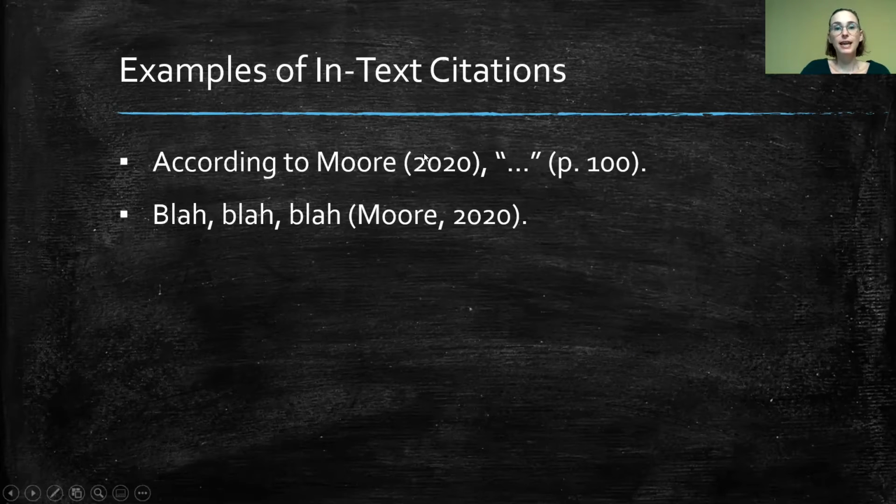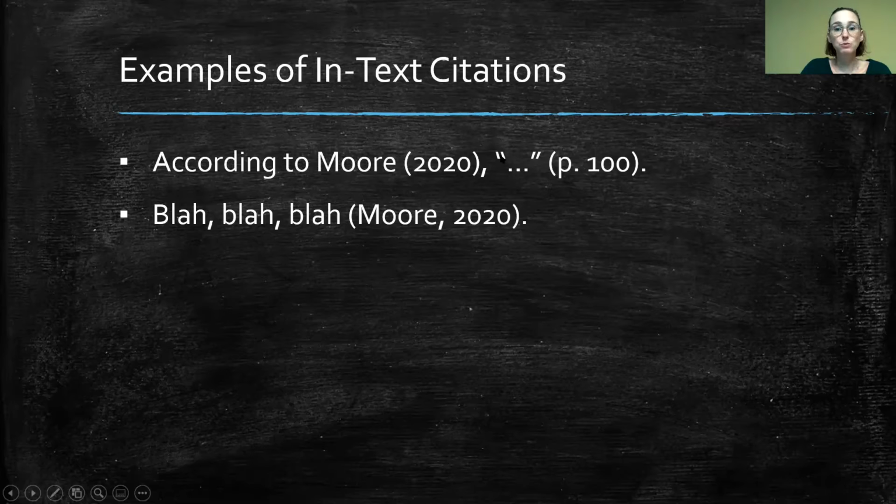The next thing in an APA style reference is you're going to have the year of publication in parentheses immediately following the author's last name. That lets the reader know, for example, if you have multiple works by the same author, they know to go to the one from 2020 and not the one from 1992, right? The last thing you note is the page number.